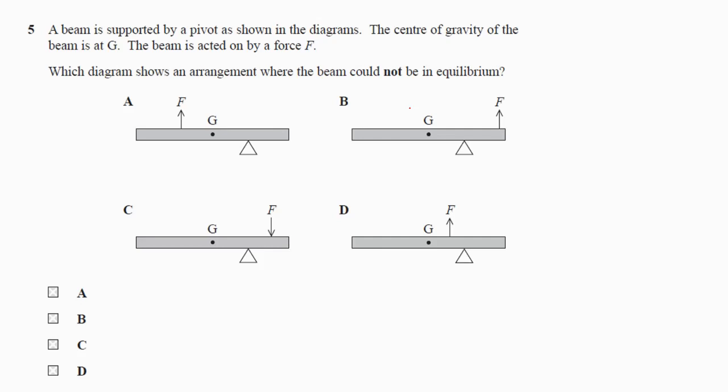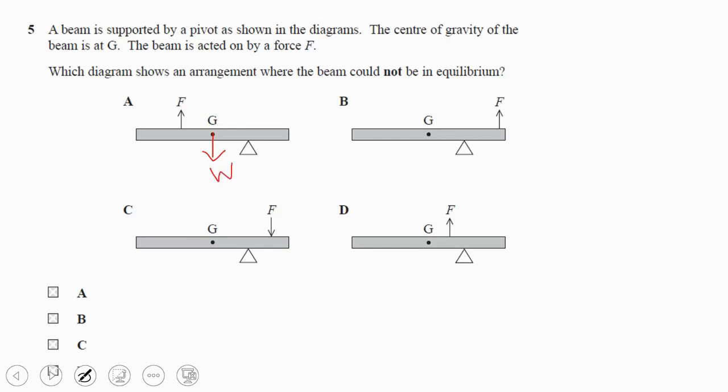What about the center of gravity? The center of gravity of a beam is a point at which the total weight of the beam is considered to act, the point where the total weight is concentrated. So at G, the whole weight of the beam is acting.